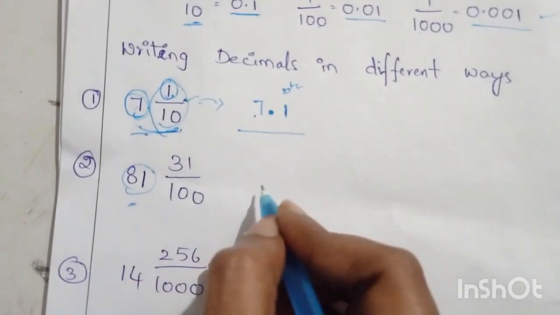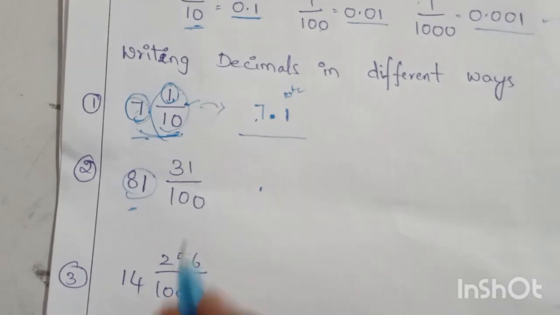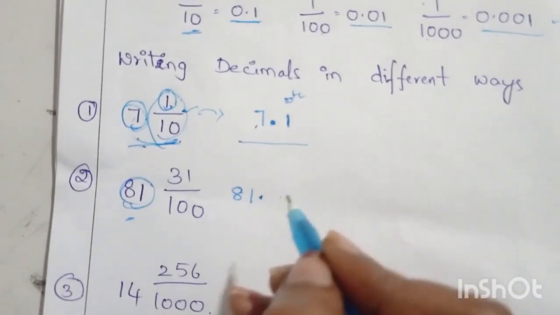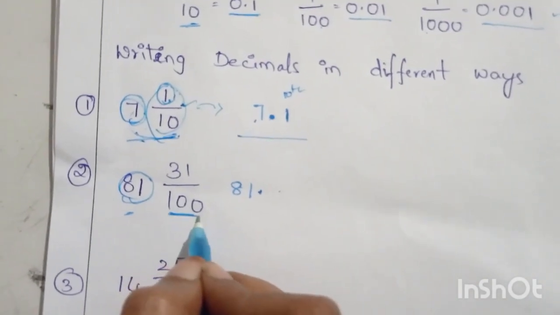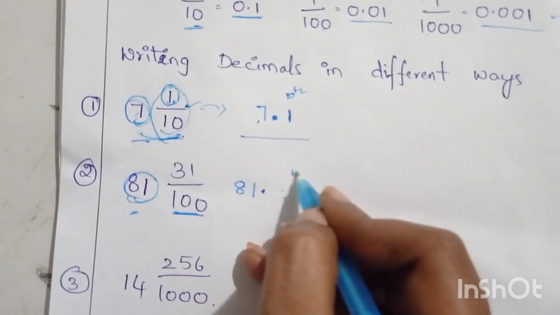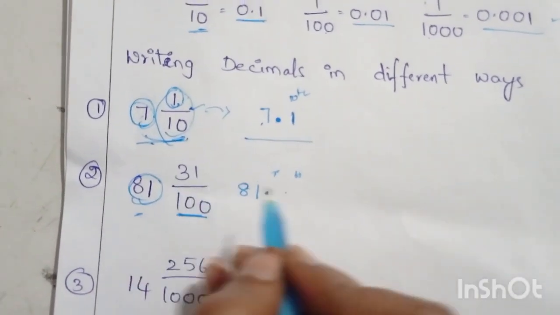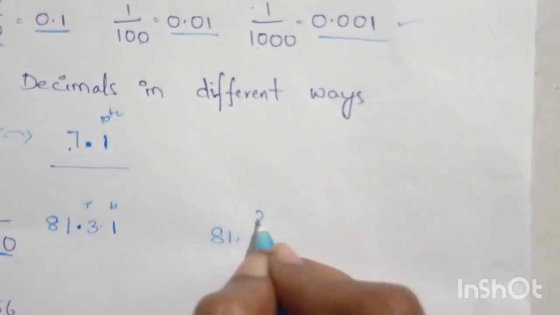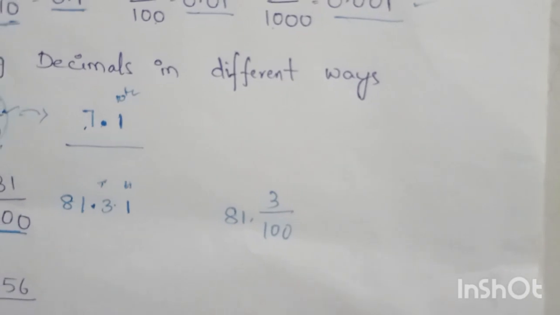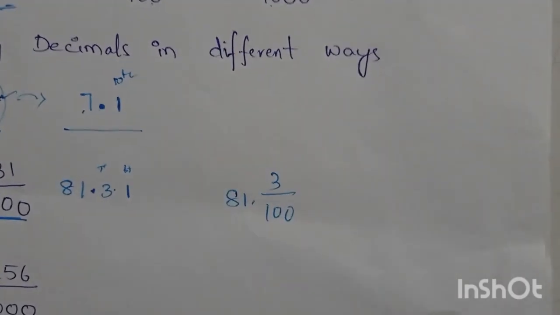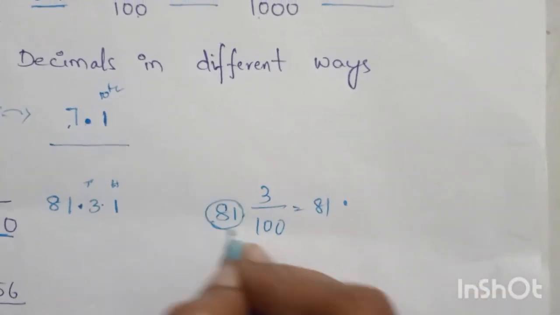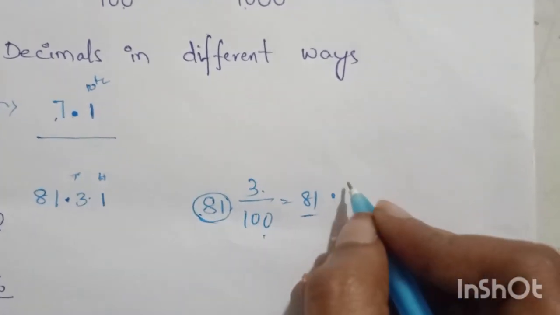So when you are writing this, see once. First you put the point. The whole number you will write before. Now after the point, they gave 100. That means till the 100th part they gave. So 2 places they have given, right? 81 3 by 100. So if they have given it in such a way, 81 and 3 by 100, in writing this, what you have to do is, you will put a point, 81 is a whole number, you will write it before, then 3 by 100, right?